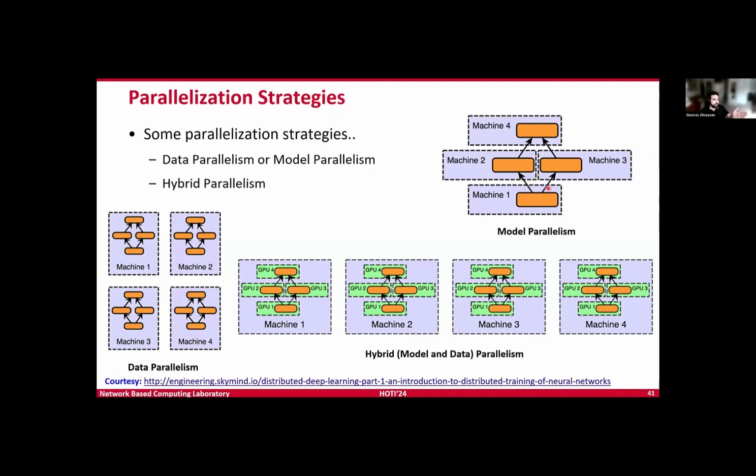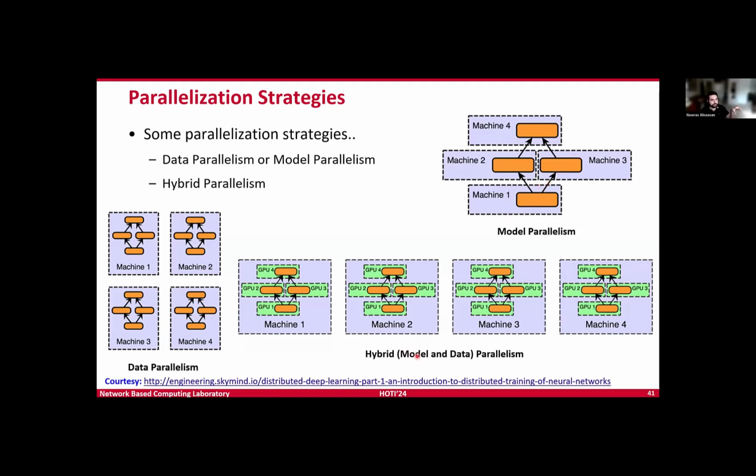So we need to communicate whatever the output is or whatever the gradients are in the backward pass. But this is usually very slow, because if machine one is done processing its part, it will sit idle until all of the other machines are done, right? So we're wasting a lot of resources.